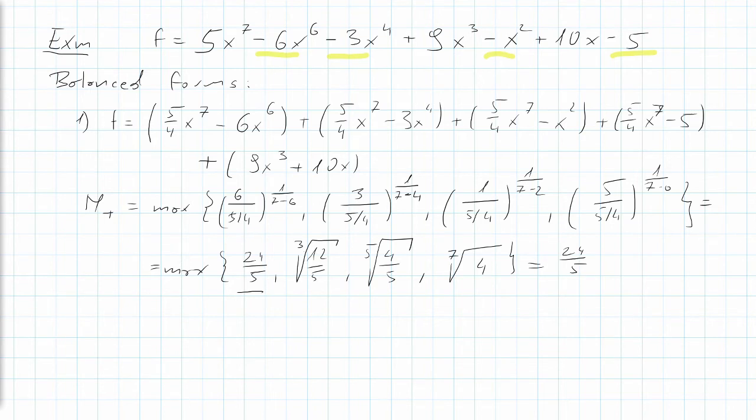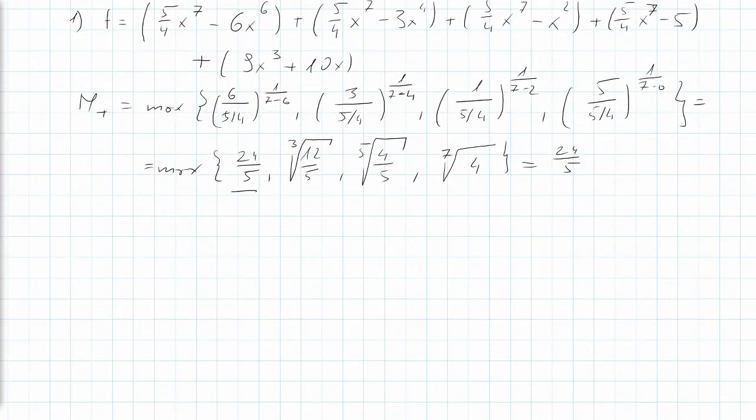So this balanced form gives rise to, or implies, this upper bound. But we can write f in a different way. We are not restricted to one balanced form. So alternatively, we can write f in the following way.